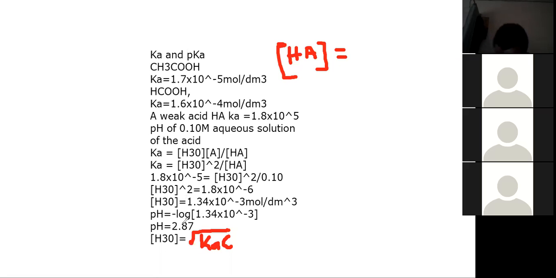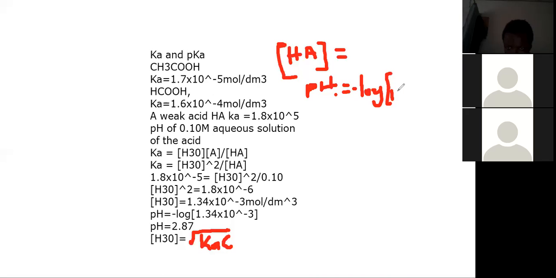So even with this, straight ahead too, we can also see that, looking at this, you can also go forward and say our pH is equal to the minus logarithm, minus log of the H3O plus.